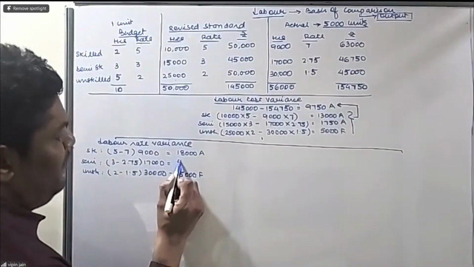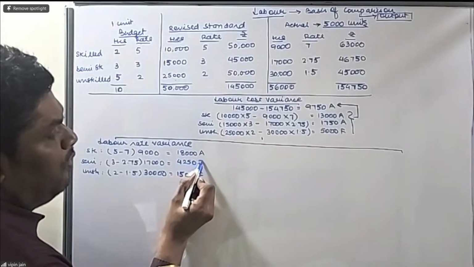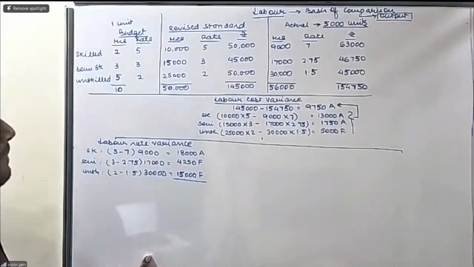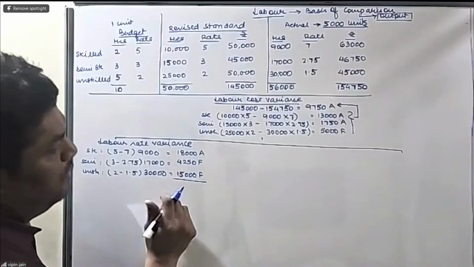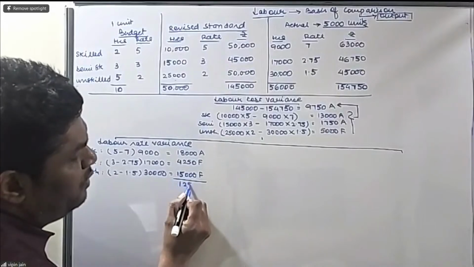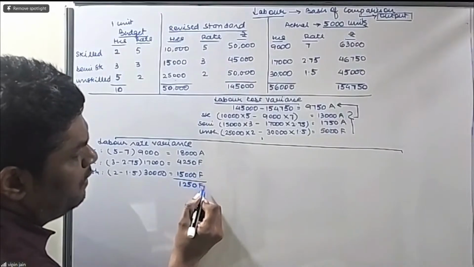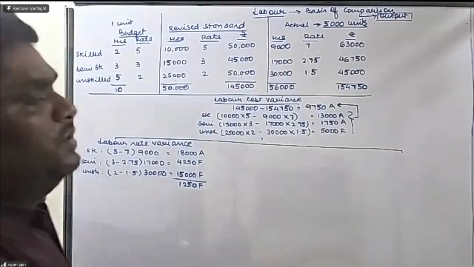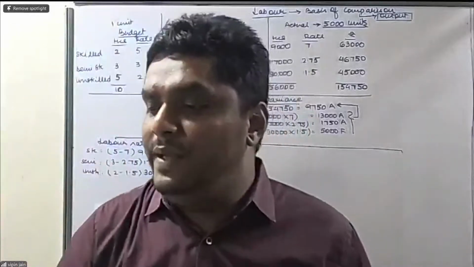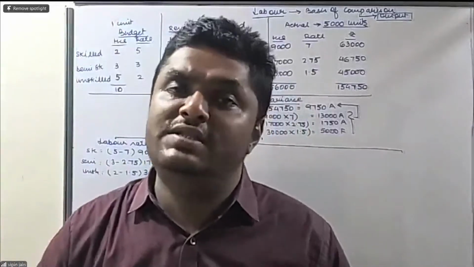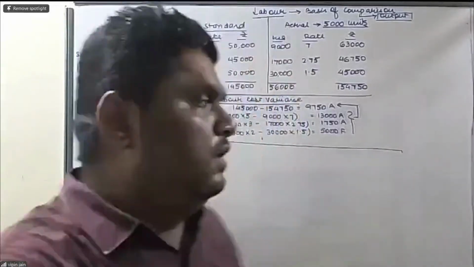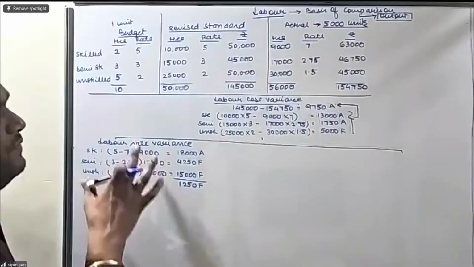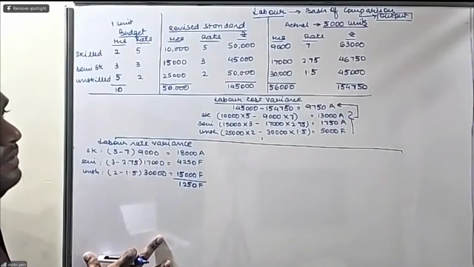This will be 4,250 favorable. This will be 1,250 favorable. So this is how labor rate variance will be calculated. Again, the concept is just like material price variance. So here, instead of price, we will calculate labor rate variance.